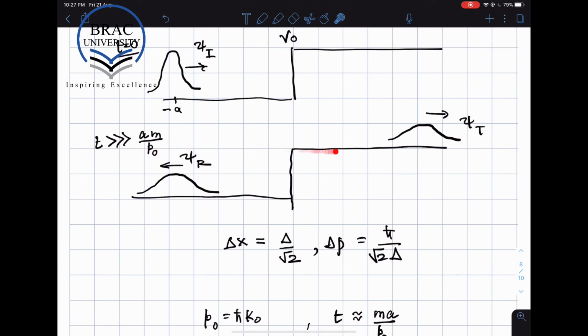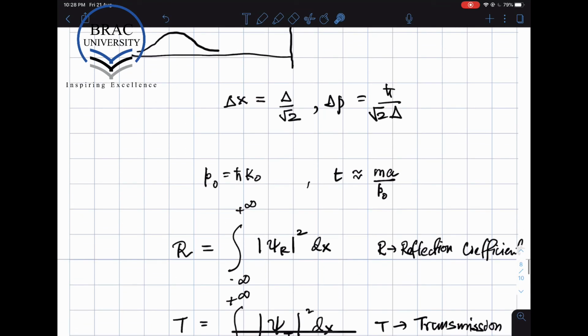So this expectation is very different from the classical expectation. Classically, if the energy of the particle was greater than V naught, we would only expect it to be transmitted. There would not be any chance of it getting reflected. But in quantum mechanics, there's always a finite chance that it'll be reflected. So this is something we'll see in this lecture.